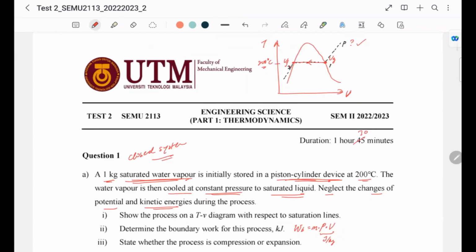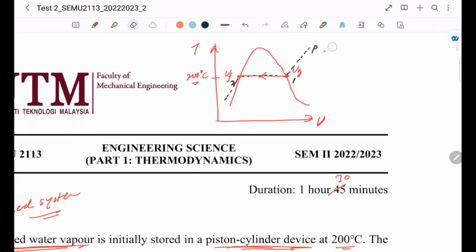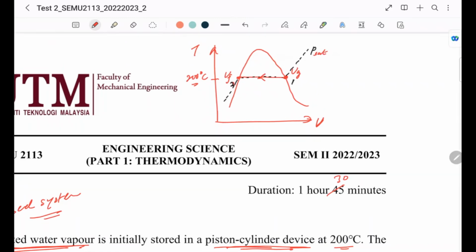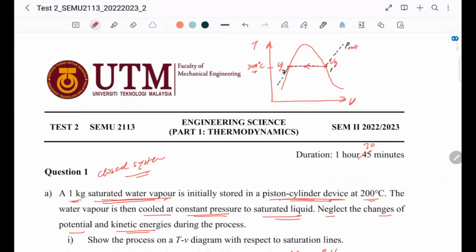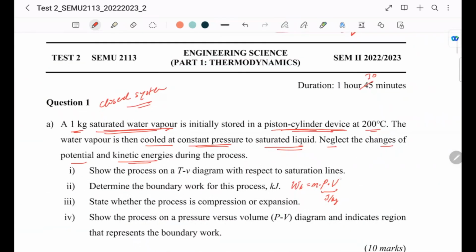It will be the saturated pressure. And volume change is basically V2 minus V1, and V2 is Vf minus Vg, basically. So then we'll be able to find out the boundary work.